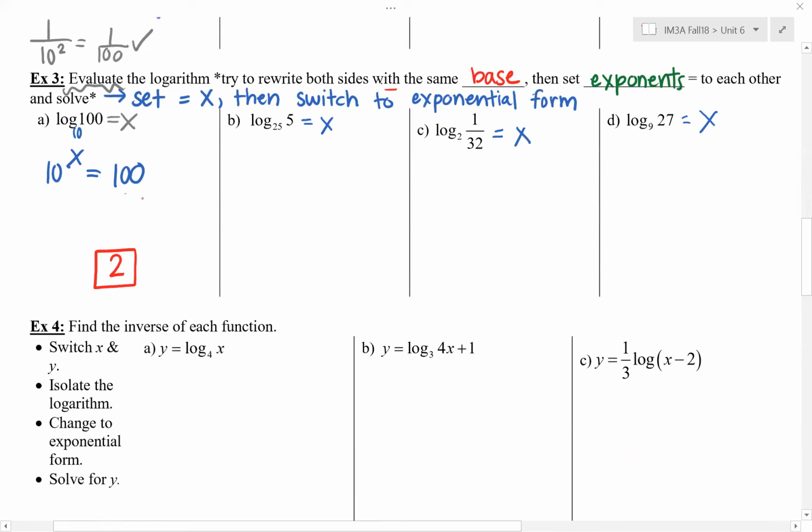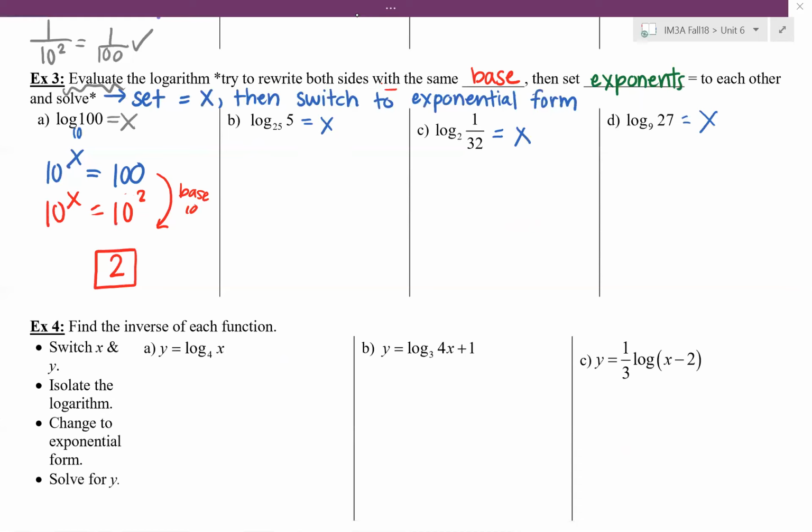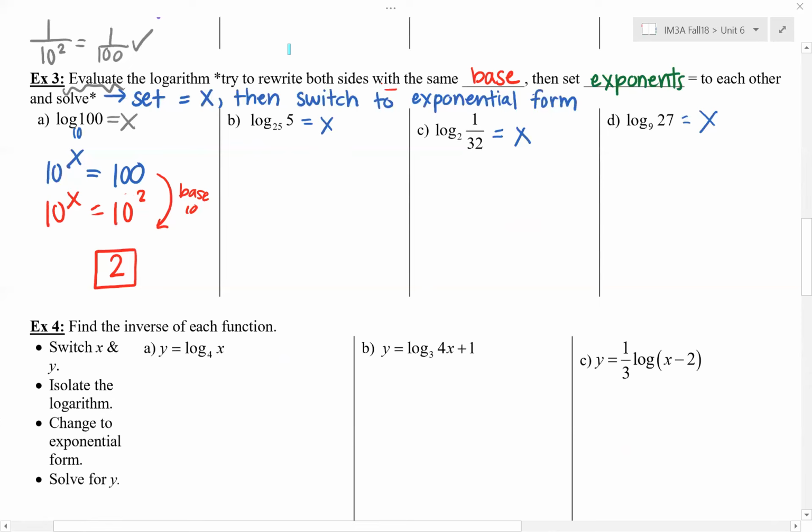Another way that we can try to do this is to try to rewrite both sides with the same base, and then we can set our exponents equal to each other. So what I mean is I can rewrite with a base of 10. Okay, so I can rewrite 100 as 10 squared, because I know that 100 is equal to 10 squared. And then what I can do is I can now ignore my bases.